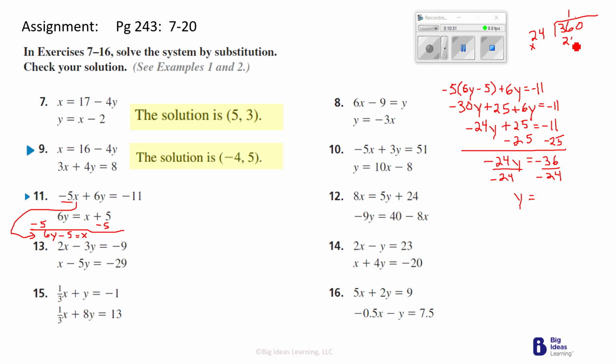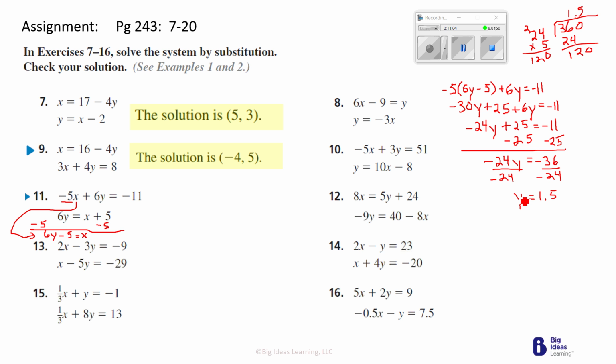I almost made a big mistake there. And that will give me 12, right? And then I can try multiplying it to 5. 4 times 5 is 20. And look at that, that does equal 12. So this is going to equal 1.5. So that means y is 1.5. Remember, a negative divided by negative is a positive.